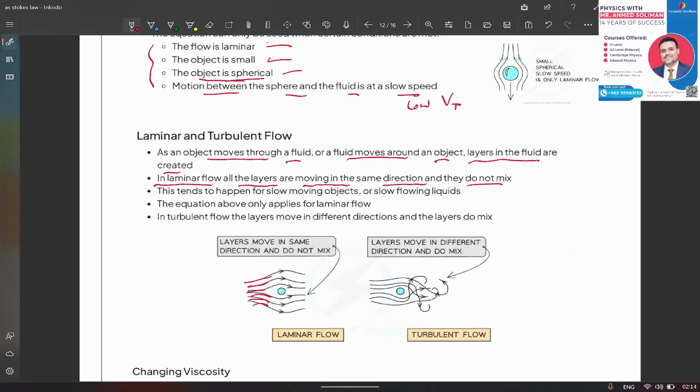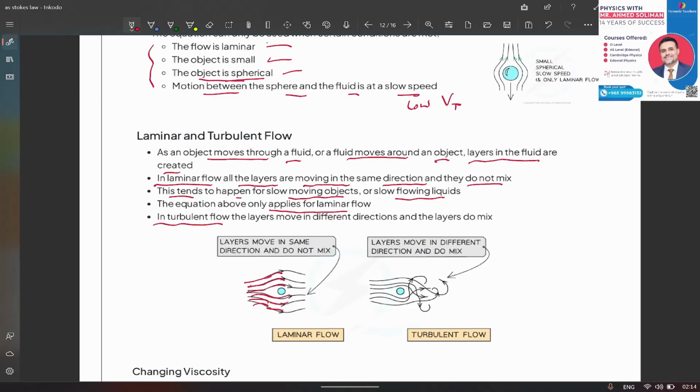This is the definition of laminar flow. As you see, there is no mixing between the layers, and all layers move with the same velocity or in the same direction. But it tends to happen for a slow moving object or a slow flowing liquid. So we need a slow moving object to get a laminar flow. The equation above only applies to laminar flow.